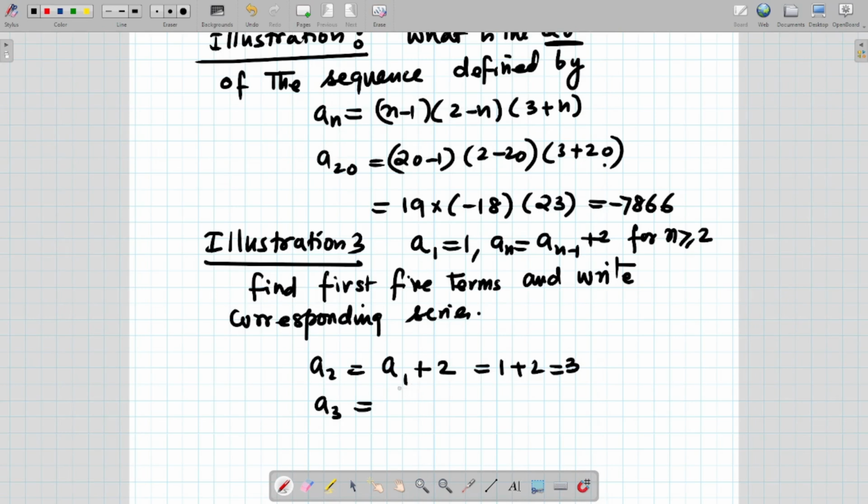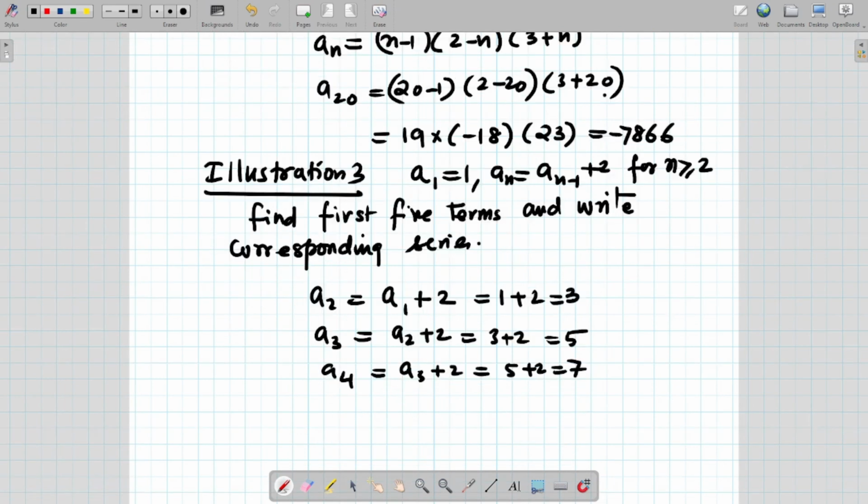A3 will be A2 plus 2, which is 3 plus 2, which is 5. A4 will be A3 plus 2, and A3 is 5 plus 2, which is 7. And A5 would be A4 plus 2, which is 7 plus 2, which is 9.